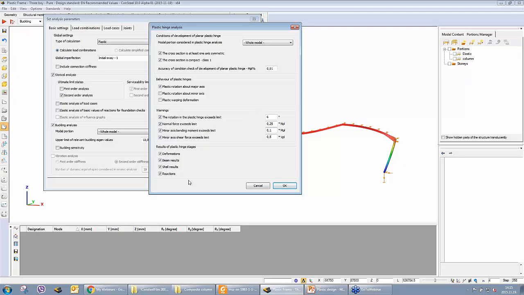And then, what results of this plastic hinge analysis at each stage should be saved? We can check all of them, or if we don't want to see any, just the final stage, then we can take out those results. So these are the basic settings.